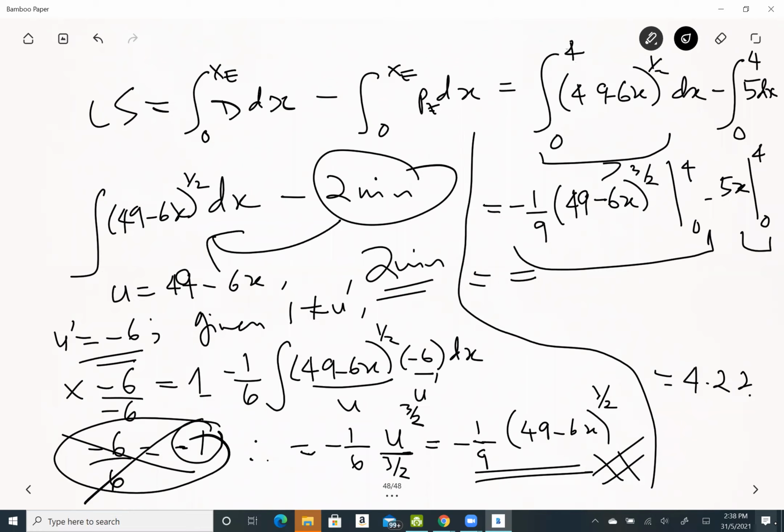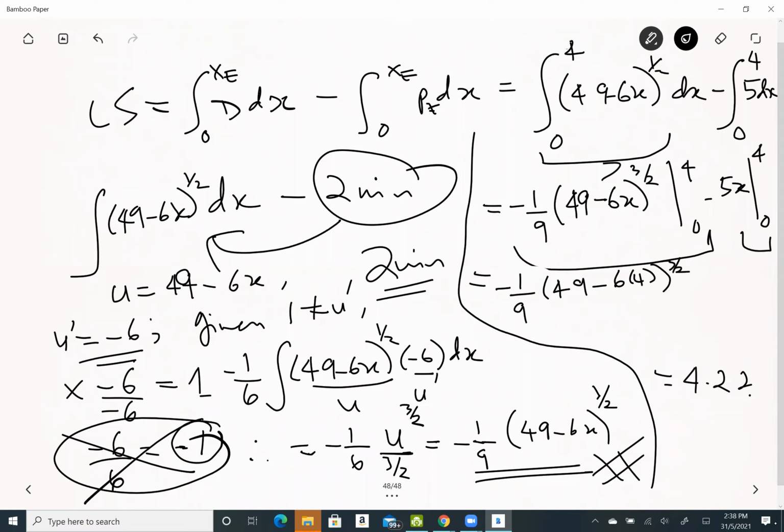Okay, you got it? So what you do, you put in the numbers. You will get negative 1/9, and then you put in 49 minus 6 times 4, and then everything to the power of 3/2.